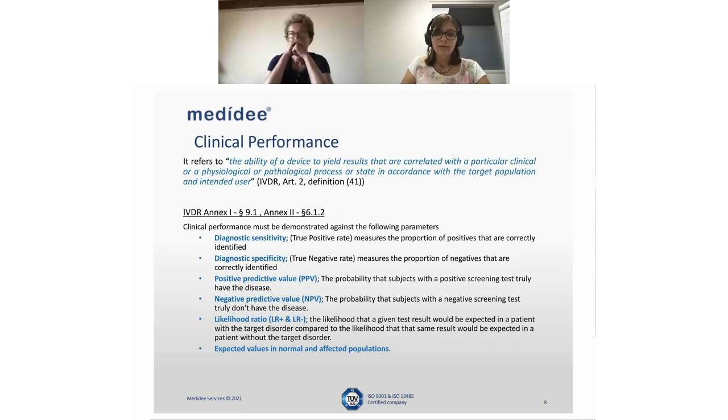The positive predictive value needs as well to be addressed, negative predictive value, or other performance criteria such as likelihood ratio or the expected value in normal and affected populations. So now the IVDR clearly states what type of activity needs to be performed, or what type of requirements need to be fulfilled in terms of demonstrating clinical performance of an IVD device.